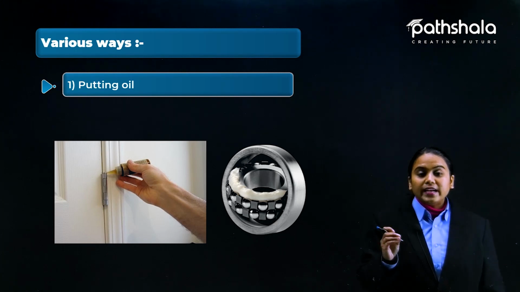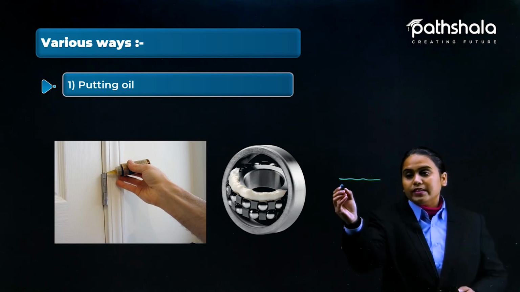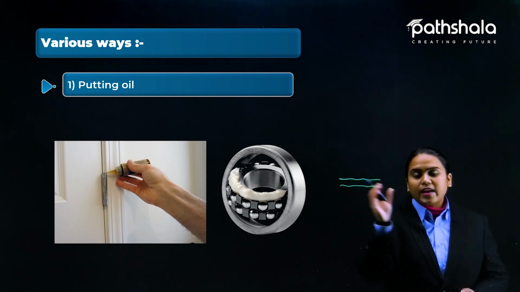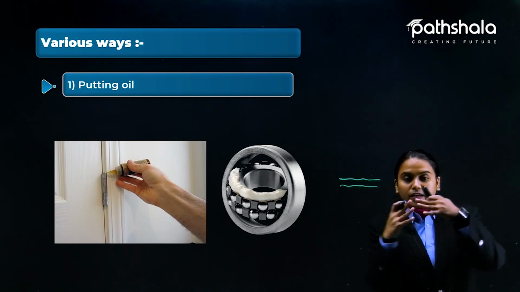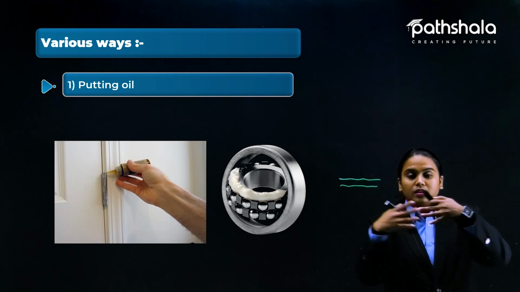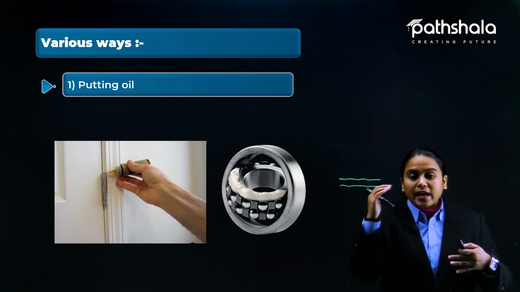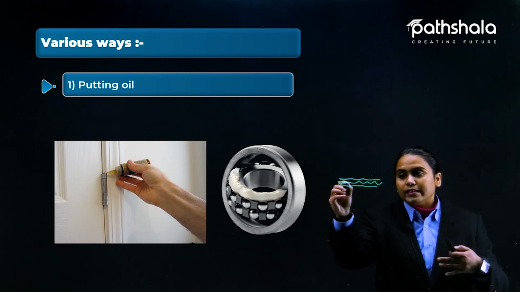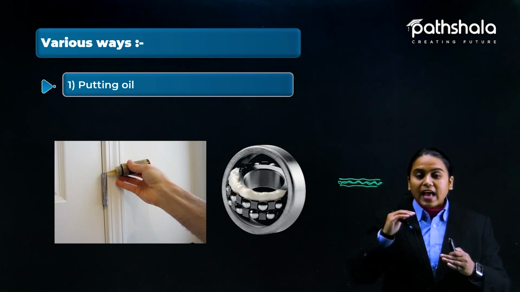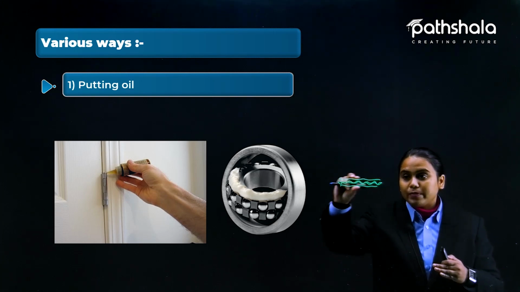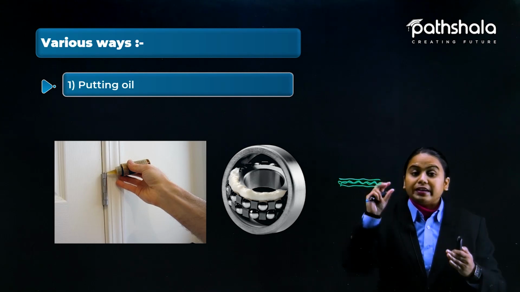In both surfaces, because the irregularities are there, they insert into the irregularities of each other. So by applying the oil, the oil will fill this surface, and because it is in liquid form, it will help these two surfaces not to get rubbed with each other directly.